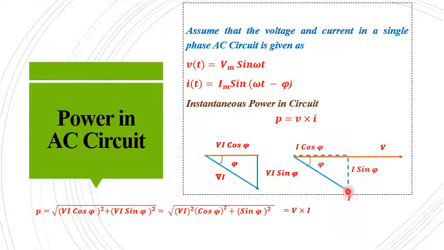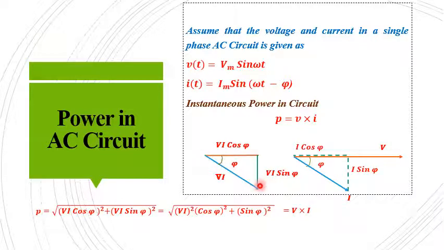Here we can see that this current phasor can be split into two. One component is I cos phi, which is in phase with your voltage, and the second component is I sin phi, which is 90 degrees out of phase with your voltage. Then instantaneous power is equal to V into I. So we are multiplying the voltage vector V with I. We will get one component as VI cos phi and another component as VI sin phi.